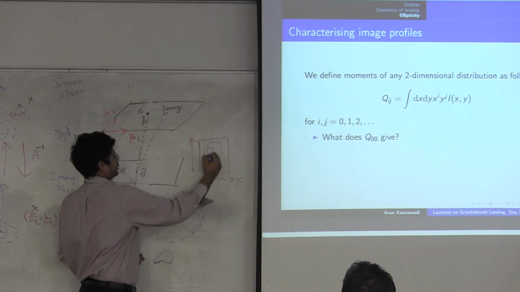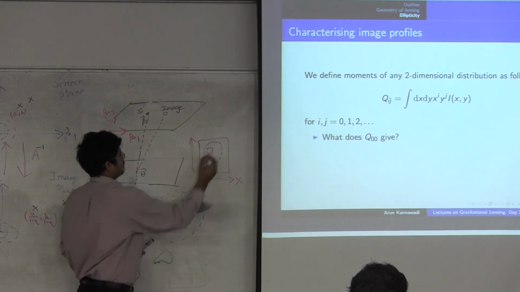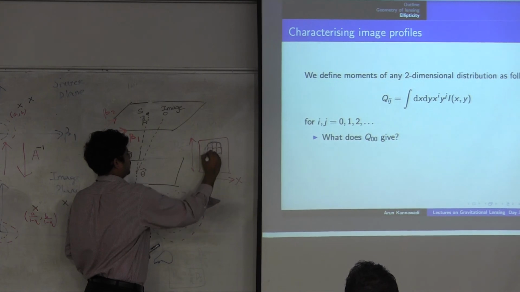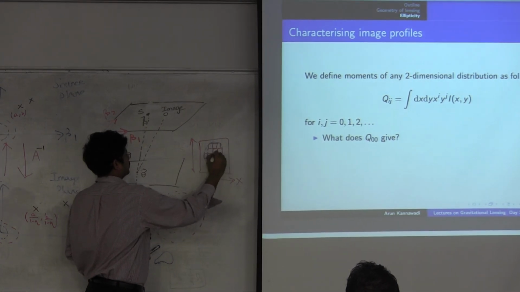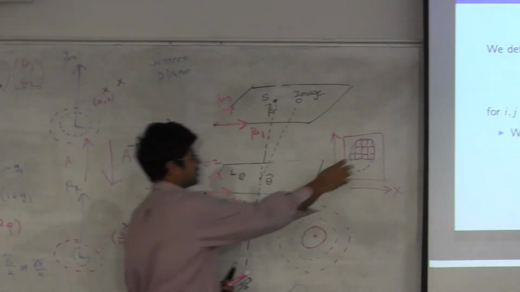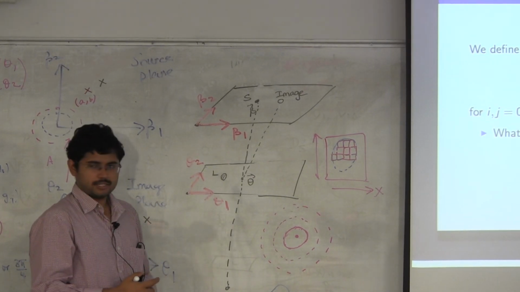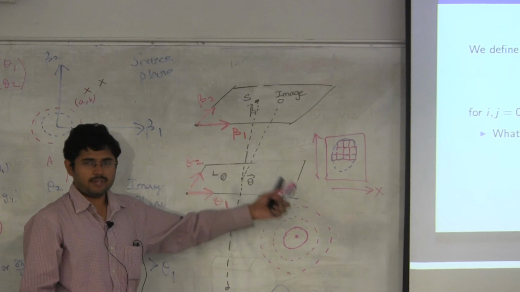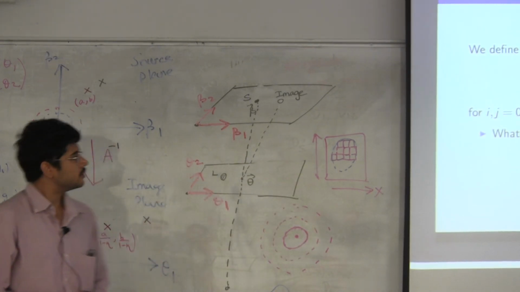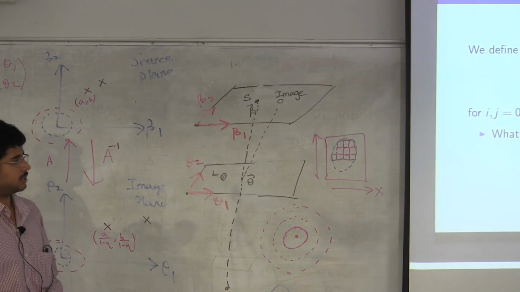Let's say this is a galaxy, and then you have several pixels covering this. And if you add the pixel values or the intensities at all of the locations, you get the total flux or total brightness of this galaxy, from which you can also get the magnitude of the galaxies. So Q00 has this meaning of the total flux itself.